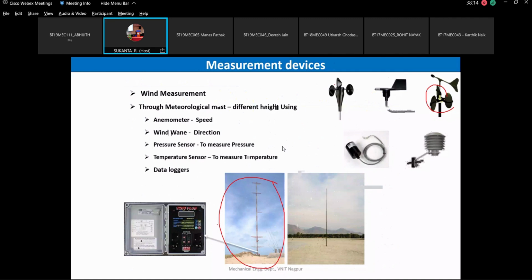The weightage is 80% for rank 1, 30% for rank 2, and 5% for rank 3. So 5% of wind energy we can generate from the rank 3 category, and 80% we can generate from the wasteland. It is a standard estimation.